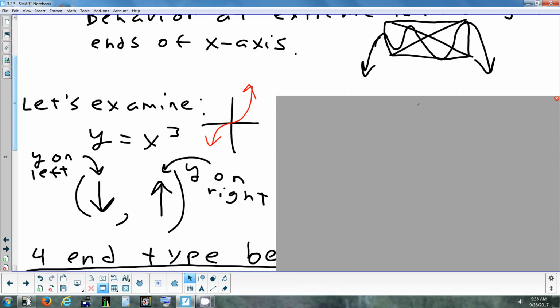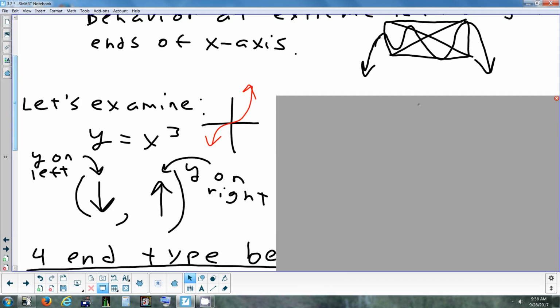So this kind of question would say, describe the end behavior on the left and then on the right side. I don't like that on the test, sometimes the test generator is a little tricky with the way they word it. They say, describe the end behavior on the right side and then the left side.